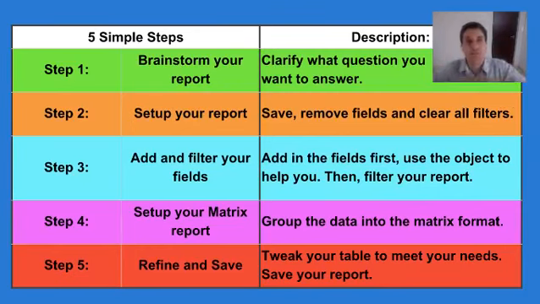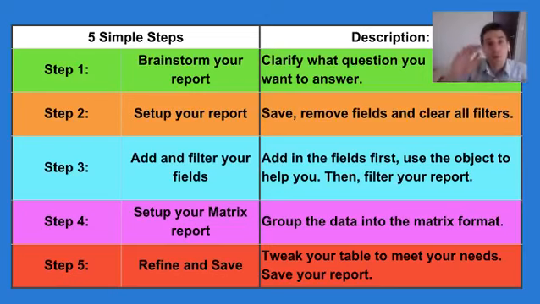Step 2 is to set up your report. When you set up your report, you're thinking about cleaning it out, making sure that your filters are ready to be edited and your fields are ready to be edited and that you have saved your report. Step number 3 is to add in your fields and to filter your information. And this will also help you get very clear about how you are answering your question, okay?